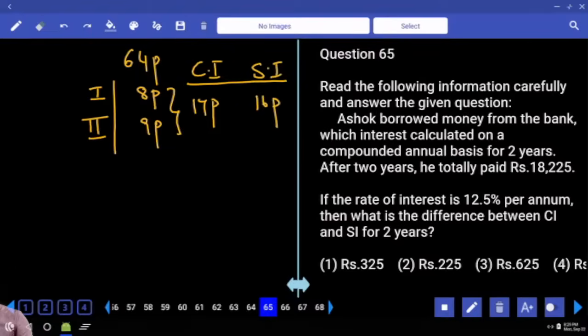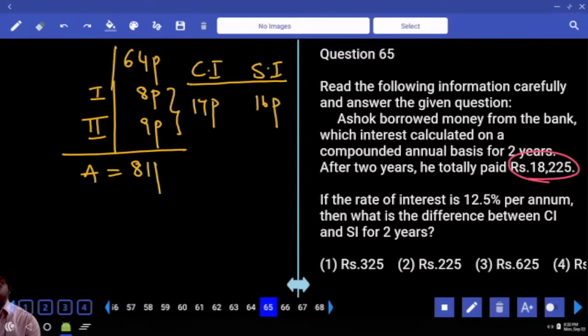We need to write the answer in terms of rupees. The rupee value available in the question is 18,225. What is 18,225? The amount received. Amount according to our numbers is interest 17 parts plus principal 64 parts, so the amount is 81 parts, which is equal to 18,225.